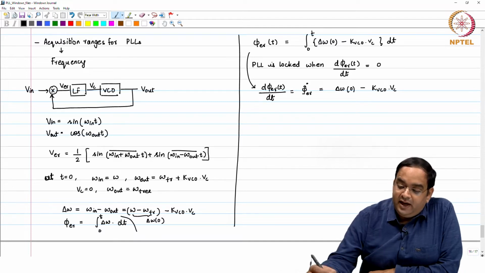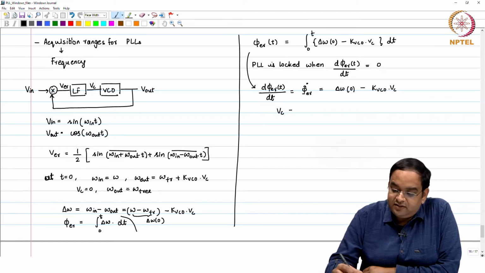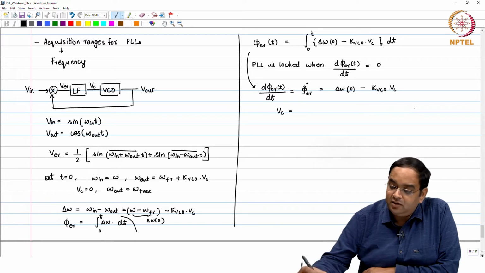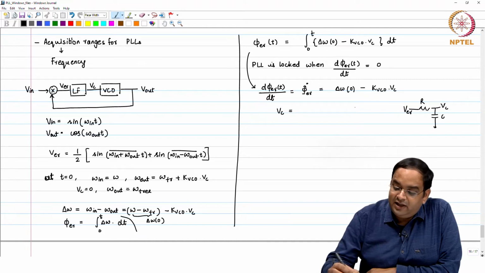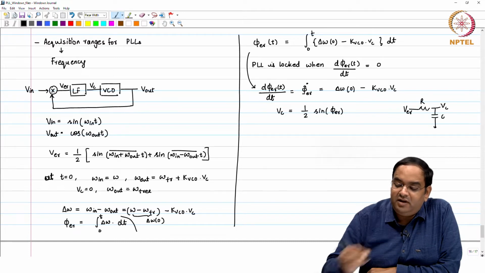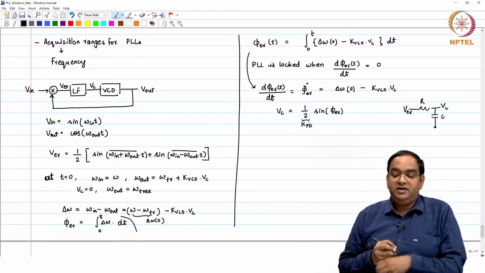And what is Vc in our case? Vc is actually, you are using a loop filter. If we are using a low pass filter with R and C like this, where the filter bandwidth is larger than the frequency error which we have, then I can write Vc as half of sine of phase error at any given time, where half is your KPD, the phase detector gain.